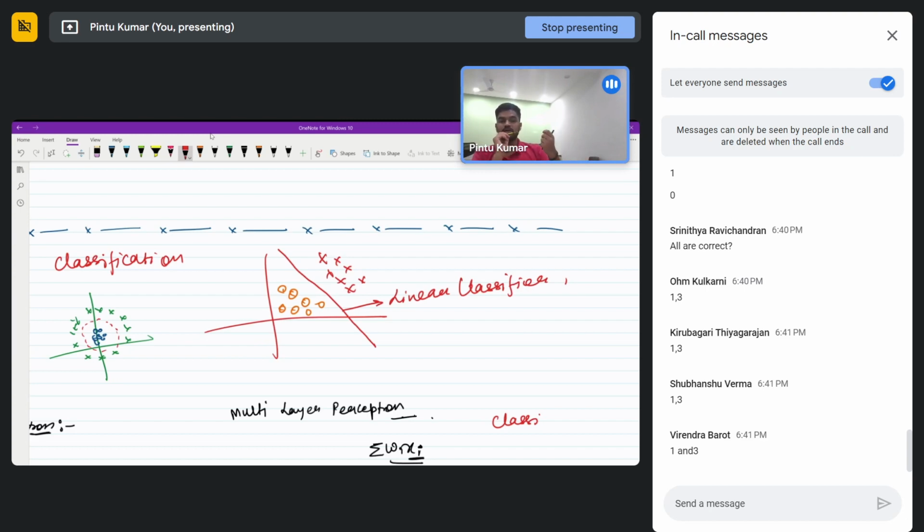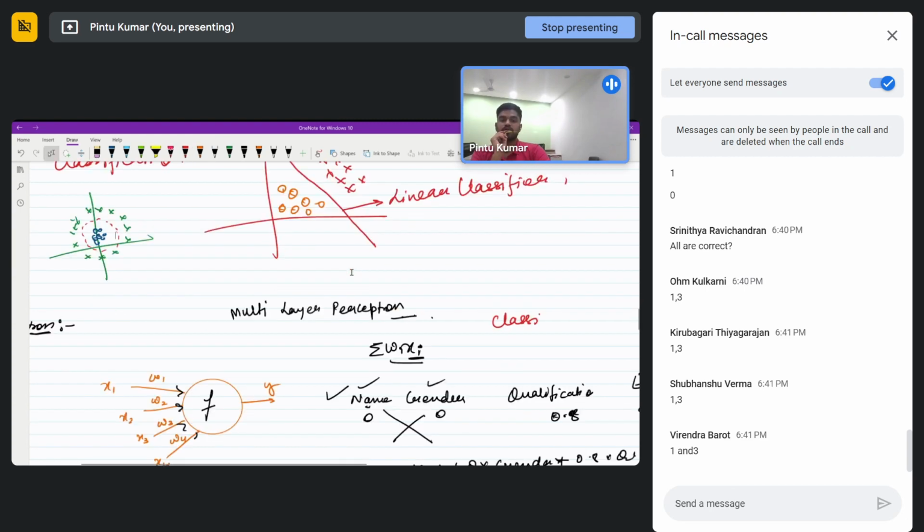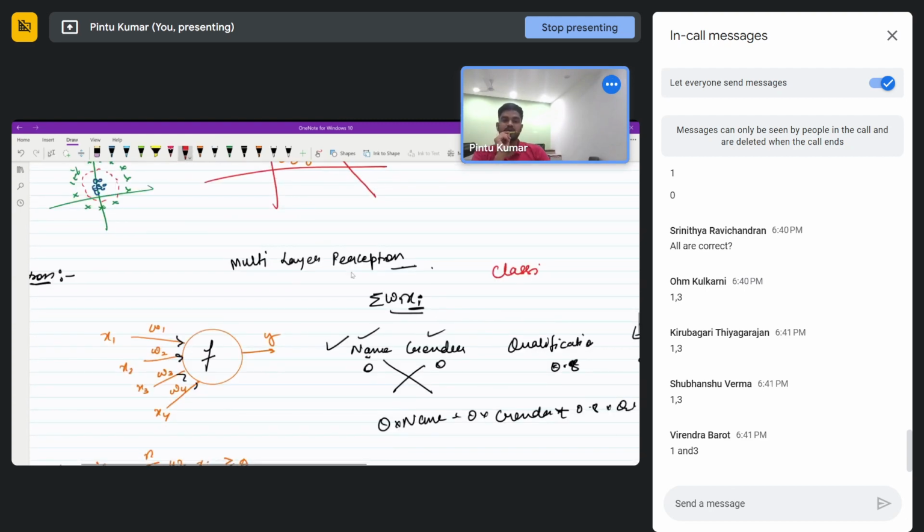So in their true form, and I'm again focusing on the word true form because linear classifiers can be modified to non-linear classifiers, in their true form linear classifiers are not very powerful. For perceptron also, this quantity that we obtained, wixi, would create a linear classifier only.